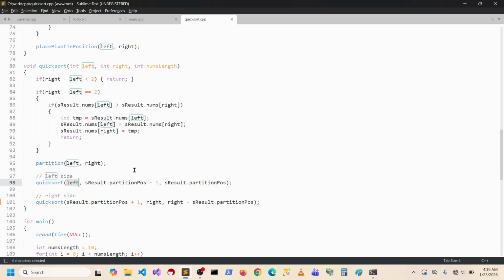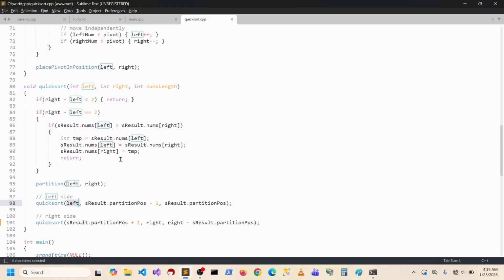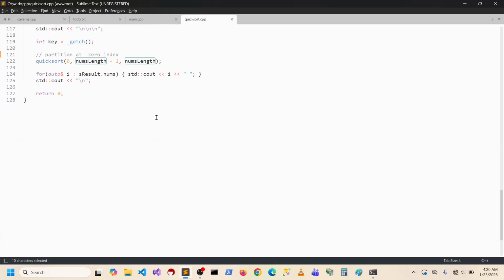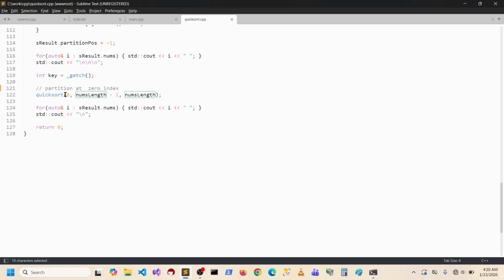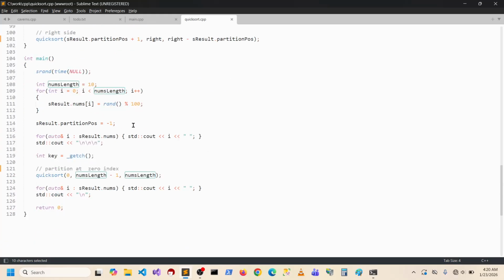No, because the left side could actually be on the right partition. So once we're here, we send 0 in first. And there's like 10 numbers, so it sends 0 and 10 to partition. Notice the length isn't even being used, is it? Nope. So 0 and 10, right? Oh, 0 and 9 to partition.